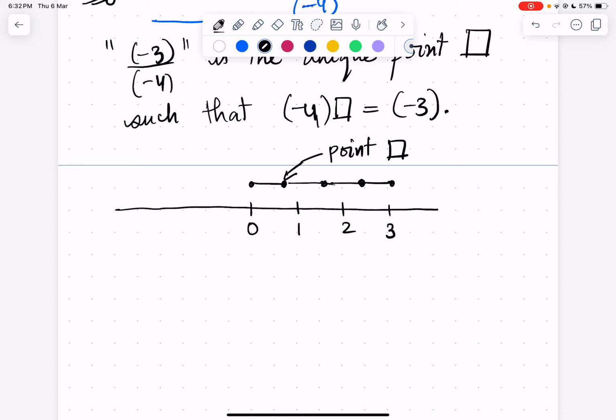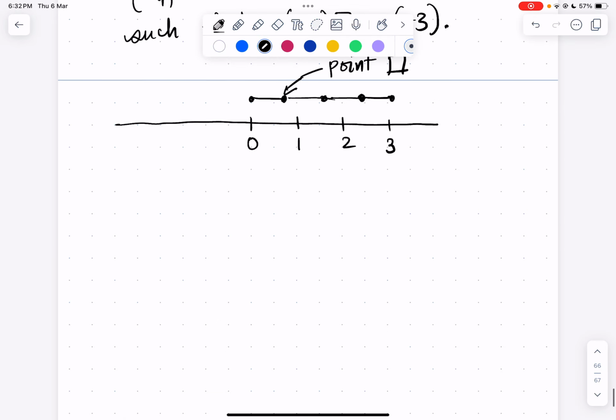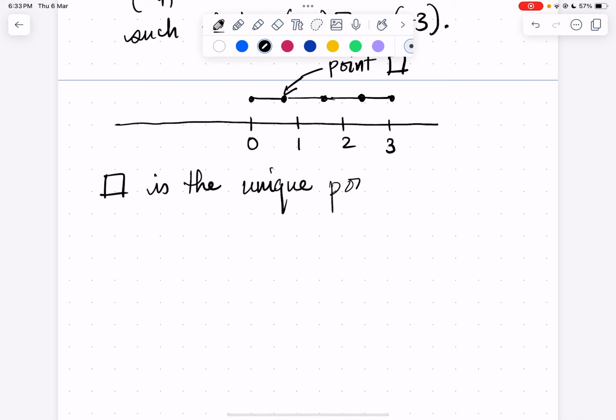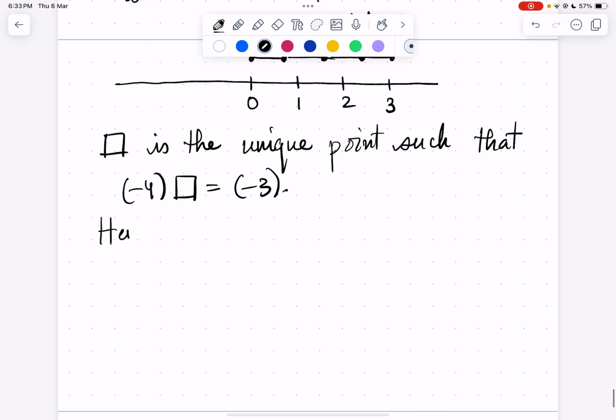Box is the unique point such that minus 4 times box equals minus 3. Hence above box equals minus 3 by minus 4.